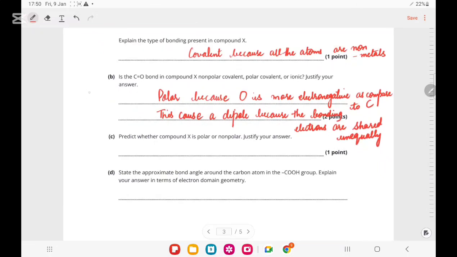So this is carbon, and this is oxygen, being more electronegative, so it is going to have a partial negative charge, and carbon, being less electronegative, is going to have a partial positive charge.